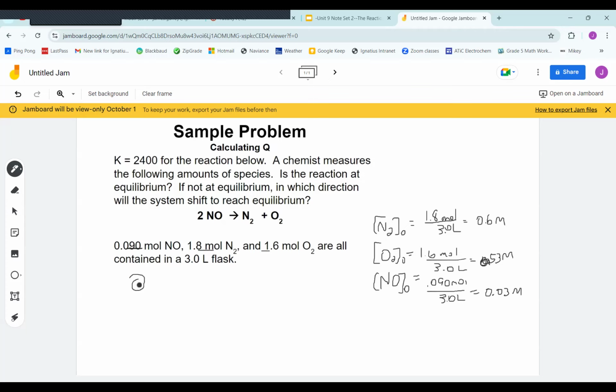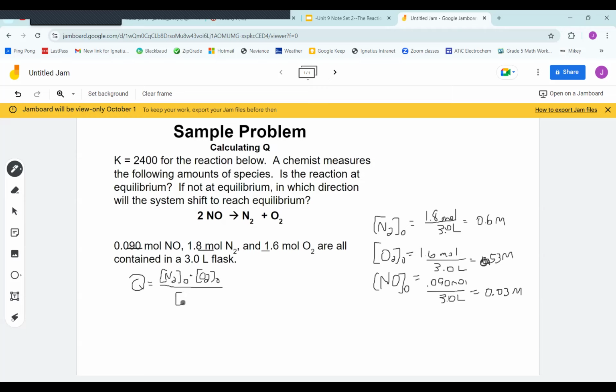Let's write the expression for the reaction quotient Q. Remember, it's calculated the same way as K, except you get to use initial concentrations. So that means take the products, put them in brackets, and multiply them together. So we're taking product concentrations times each other. And if there were coefficients, you would have to raise these concentrations to the power of their coefficients.